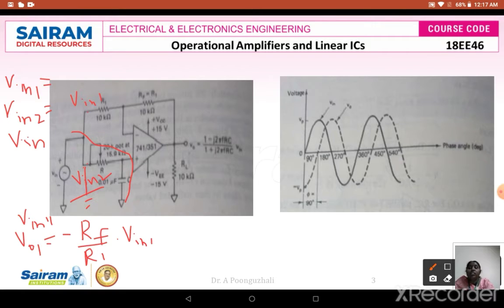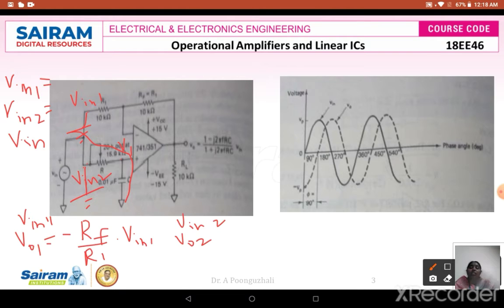Now considering V in 2. If I consider V in 2, this is going to be present, but this is going to be at ground terminal. That means this is like your non-inverting terminal. Non-inverting terminal means V02 is equal to the voltage at this point, which I will take as V1.